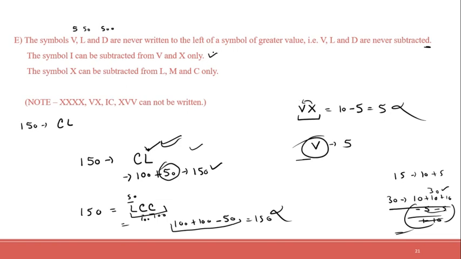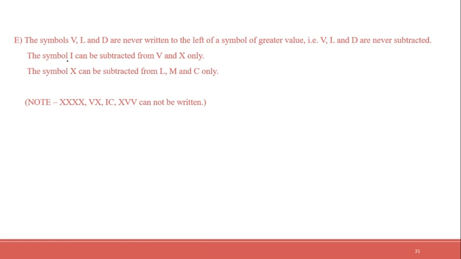Now let's come to this part. The symbol I can be subtracted from V and X only. If it is written here, then it means 5 minus 1, 4, right?